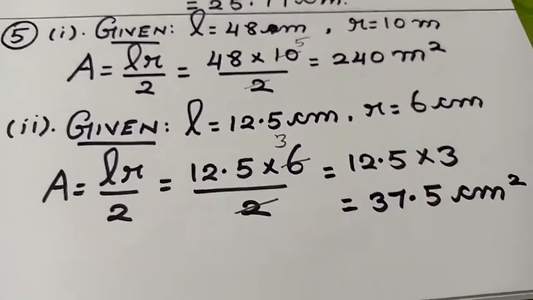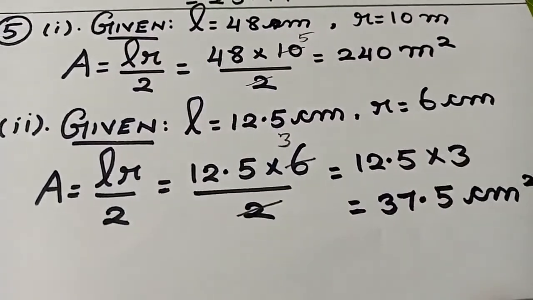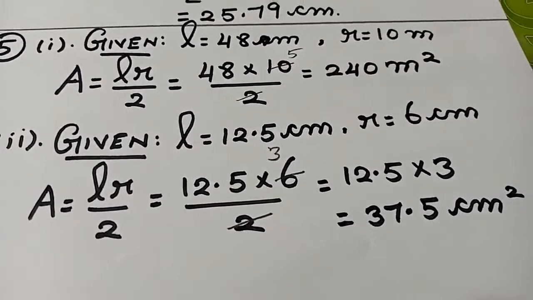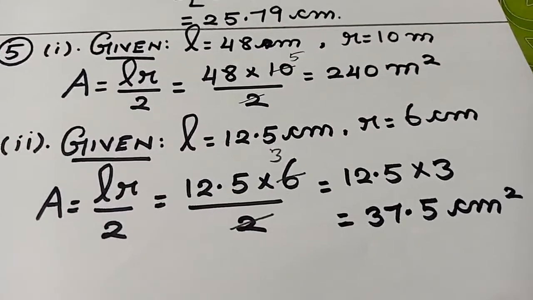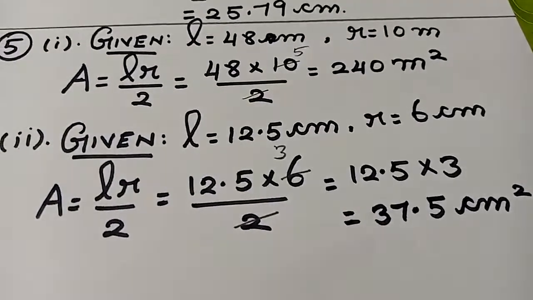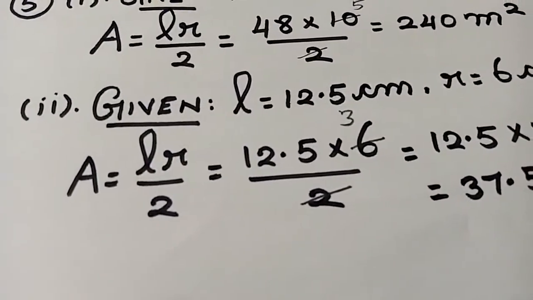Coming to the second question, L equal to 12.5 centimeter, R equal to 6 centimeter. And just check the units, the unit should be same. If centimeter means it should be centimeter, or if it is meter means it should be meter. See the value here, A equal to LR by 2.